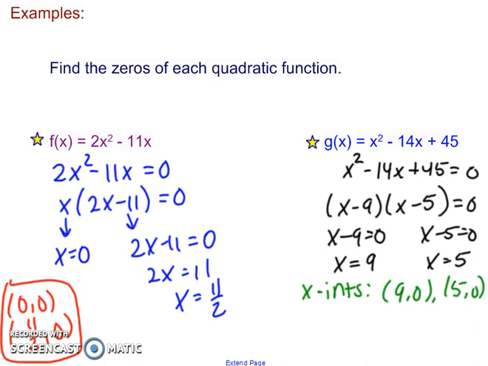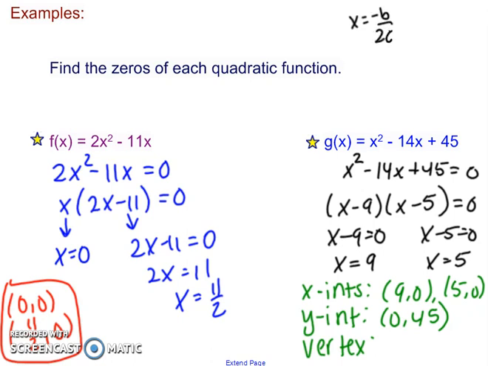And now think back to when we did graphing. What is my y-intercept here? So if we look at the original problem, how do we find the y-intercept? And so it's (0, c). Our c term is 45. So (0, 45). What about the vertex? How do you find the vertex? So first we have to do negative b over 2a.